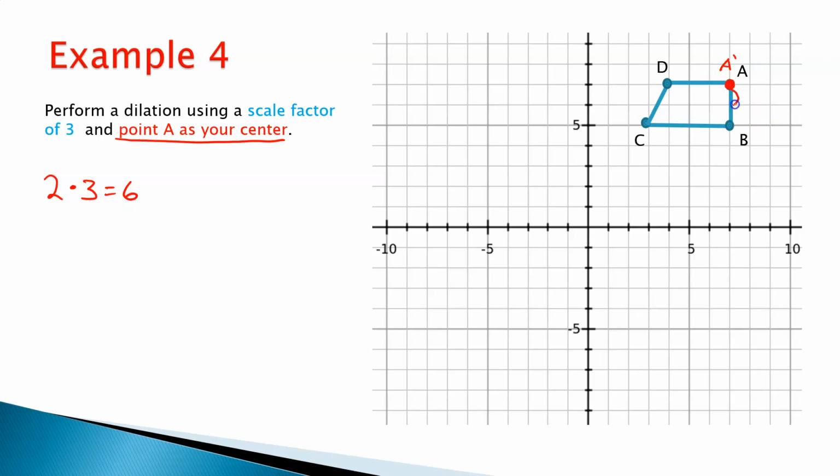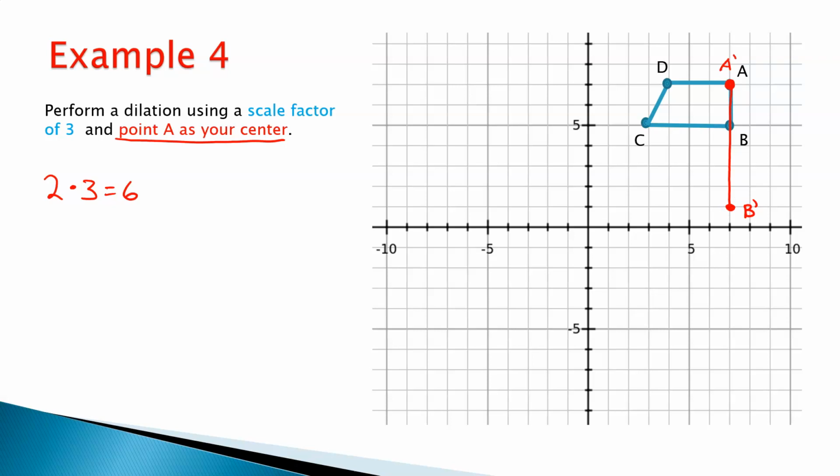So now instead of just going down 2, I go 2, 3, 4, 5, 6. That is where we're going to place our new B prime. All right. So this would be our new right side of this image. Take a look, right? It's expanding, it's away, moving further and further away from A.